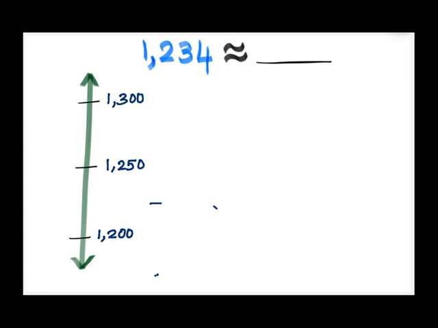After labeling the end points and the halfway point, let us label the tick marks. So this must be 1210, 1220, 1230, 1240, and the halfway is 1250.